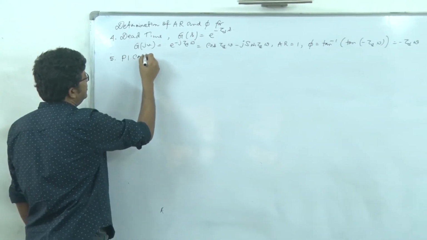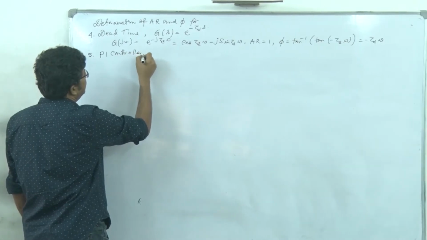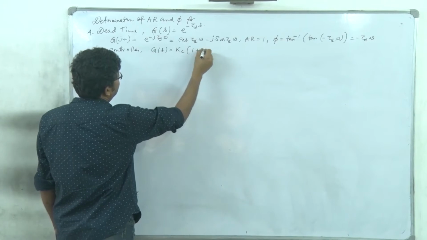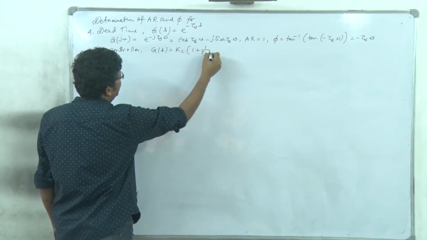Next, the PI controller. For the PI controller, G(s) is equal to Kc into 1 plus 1 by tau I into s.